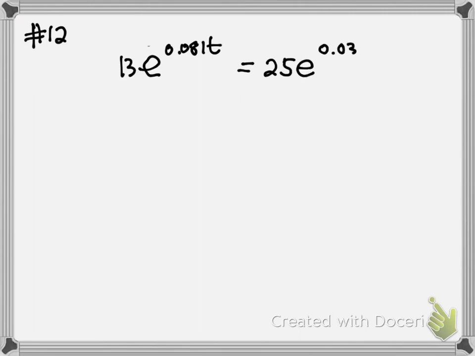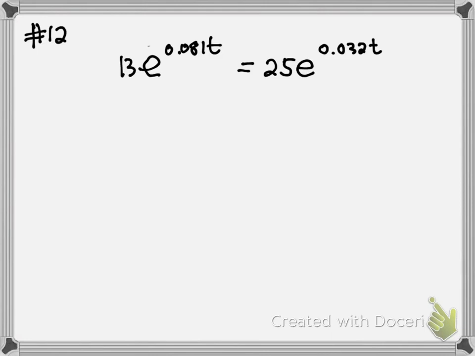It was number 12, which says 13e to the power 0.081t equals 25e to the 0.032t. As you can see here, I see the t in the exponent on the left side, and I see it also on the right side.